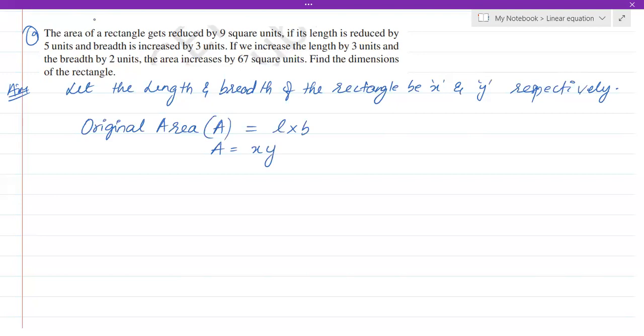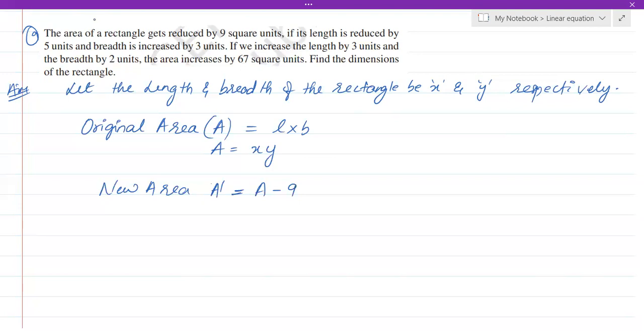Now, if you observe, the area of the rectangle gets reduced by 9 square units, meaning we have a new area here. Let me denote it as A dash. This A dash is the original area minus 9, because the area of the new rectangle gets reduced by 9 square units. Why is it getting reduced? Because we have reduced the length by 5 units and the breadth is increased by 3 units. So this is the new area A dash.